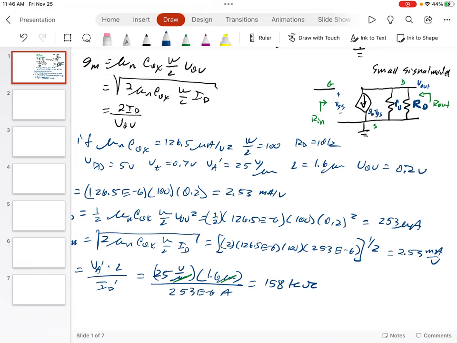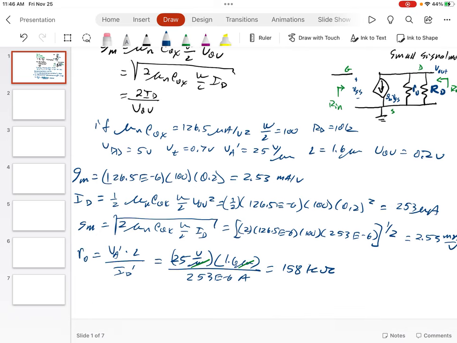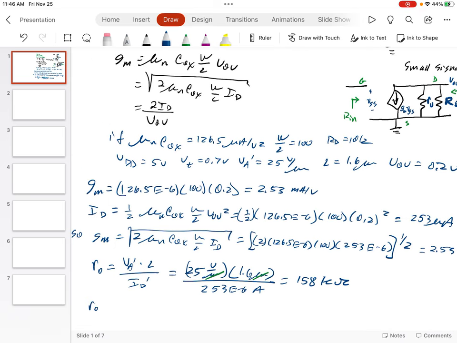And so if we put those numbers in, if we look at R naught parallel with RD, we've got 1 over 158,000 plus 1 over 10K. And that parallel resistance is 9405 ohms.